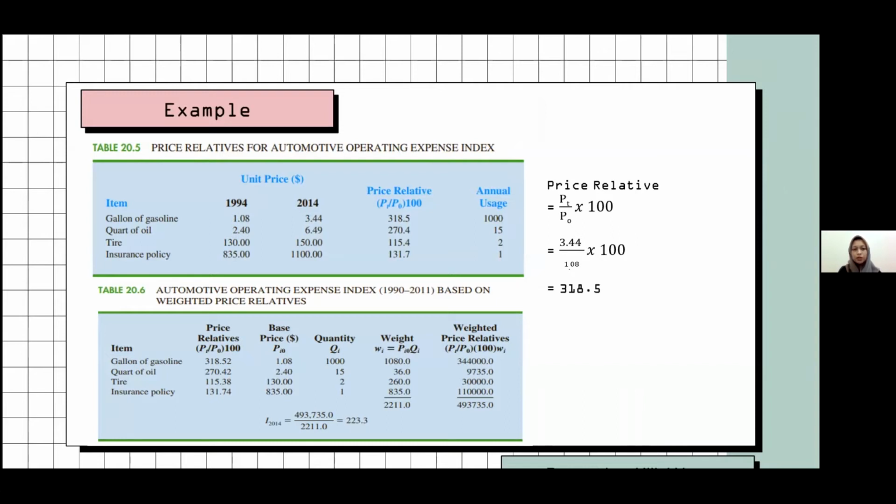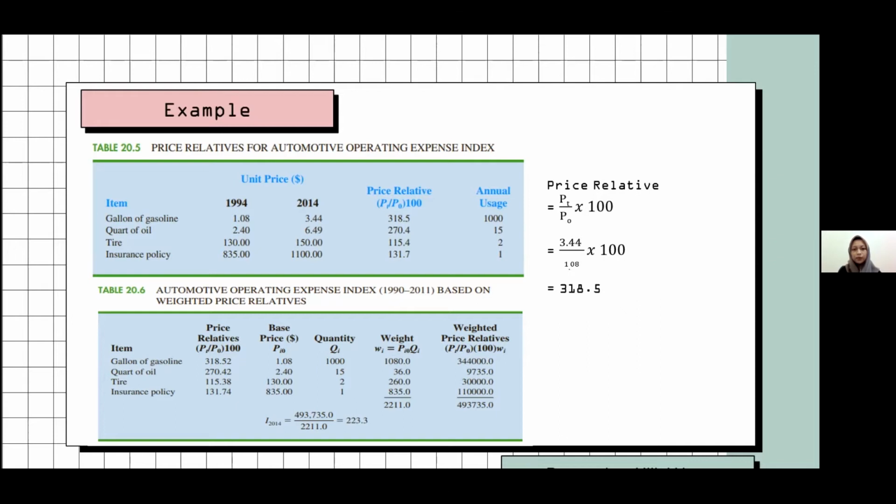Now, we want to show how an aggregate price index, like the one developed in the section on aggregate price index, can be computed directly from information about the price relative of each item in the group. Because of the limited use of unweighted indexes, we restrict our attention to weighted aggregate price indexes.